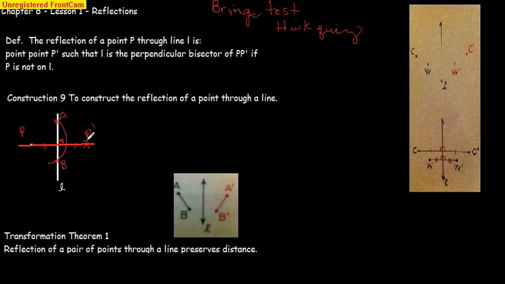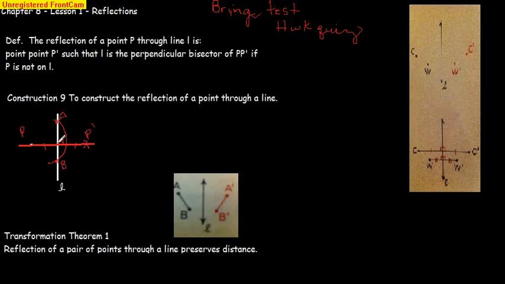You can also construct a reflection, and I did this in the one I didn't have sound to. So we have point P over here, and we want to come up with P prime. All you do is you put the point of your compass on point P, you draw a random arc, then you label the points where they intersect line L, A and B. Put the point of your compass on A, draw an arc, put the point of your compass on B, draw the same arc, and where they intersect is the reflection of point P. That would be P prime.